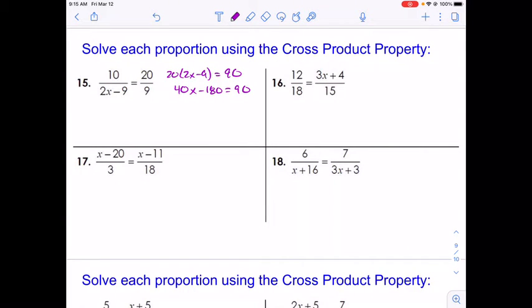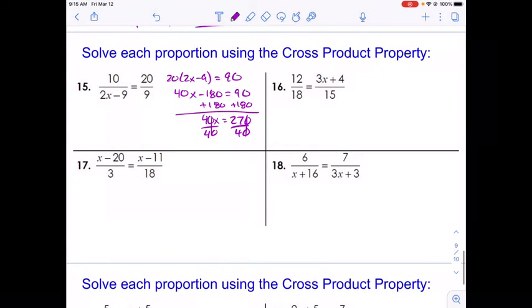I'm going to bring the 180 over, so I'm going to add 180. So 40x is equal to 90 plus 180, which is going to give us 270. Divide by 40. The zeros cancel. So 4 goes into 27, 6.75 times. So x is equal to 6.75.